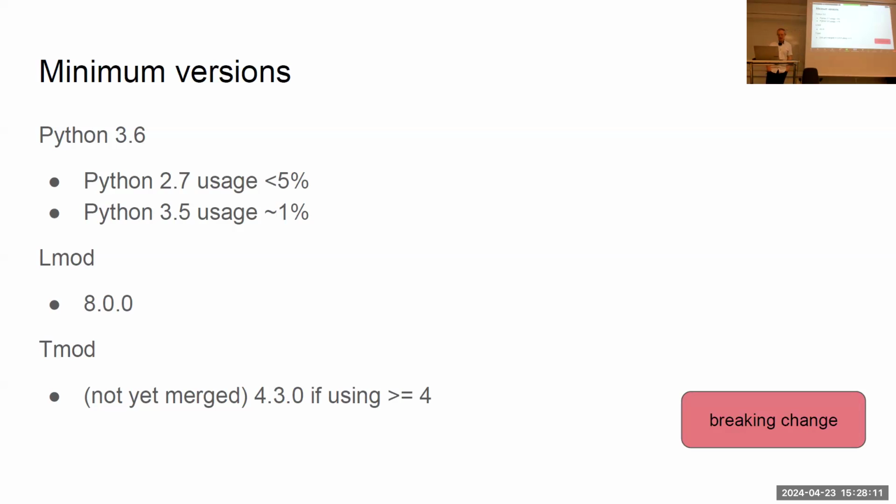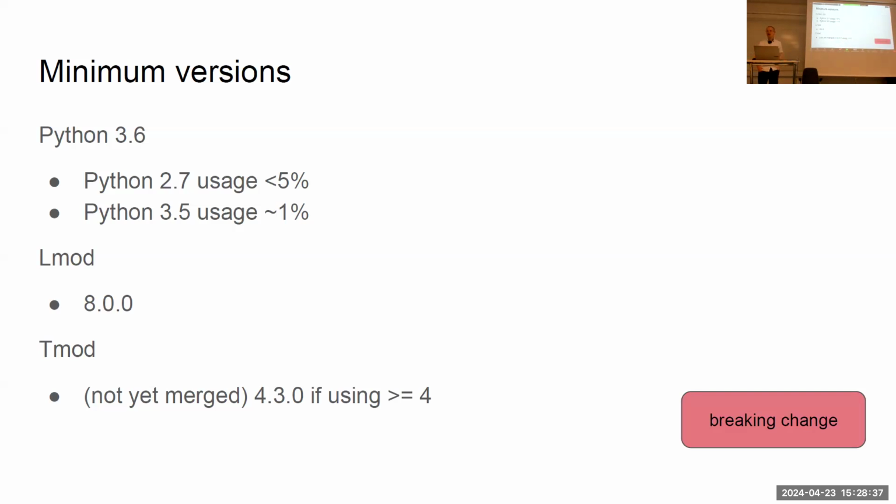And yeah, Lmod, as Kenneth said, I think, is going to jump to 8.0.0 being the lowest supported version. And Tmod, read the modifier on this. It is 4. We're still just making a decision and talking to the developer. It's 4.3, but only if it's above 4.